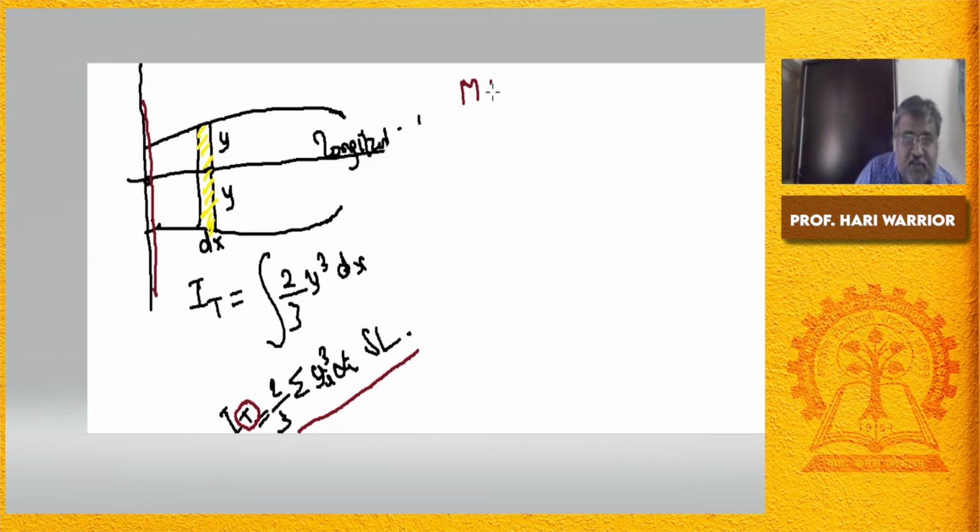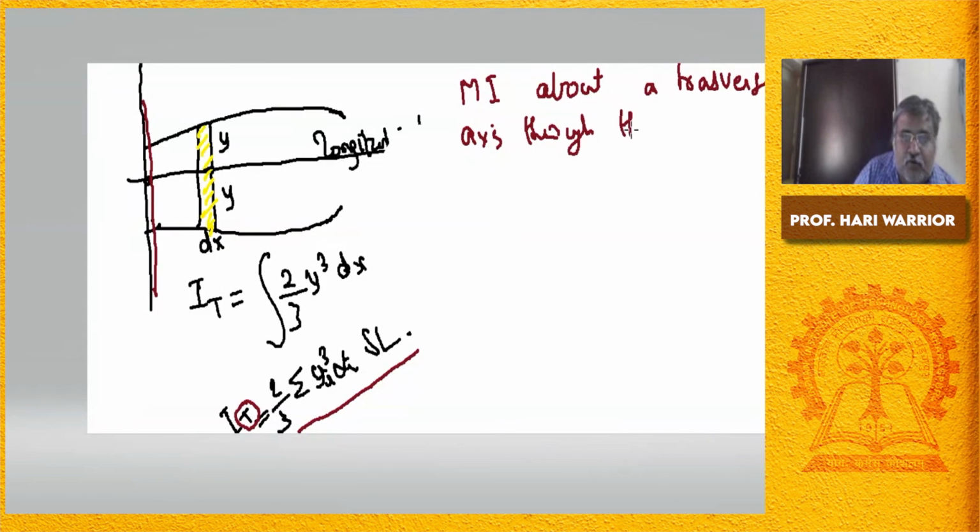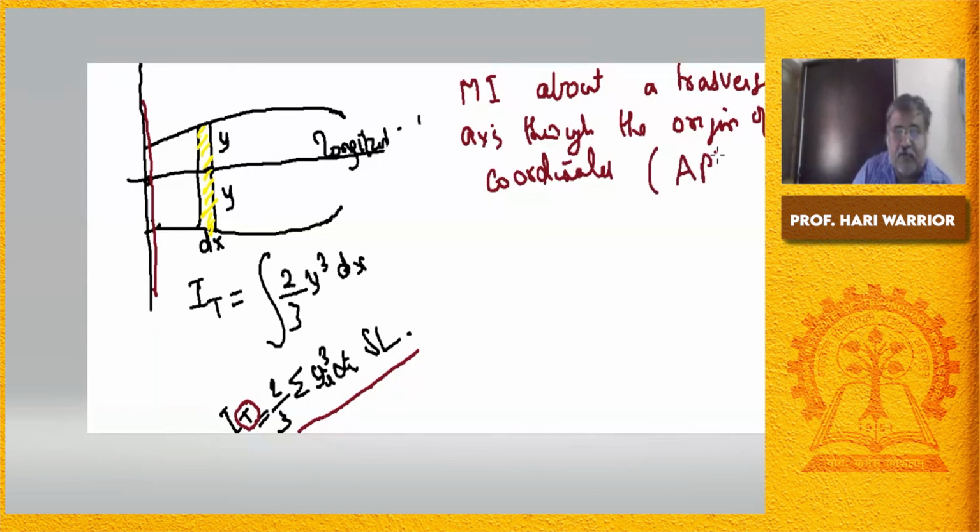The moment of inertia about a transverse axis through the origin of coordinates. This is the origin of coordinates. The origin of coordinates is usually the half perpendicular, which in this case is the half perpendicular.